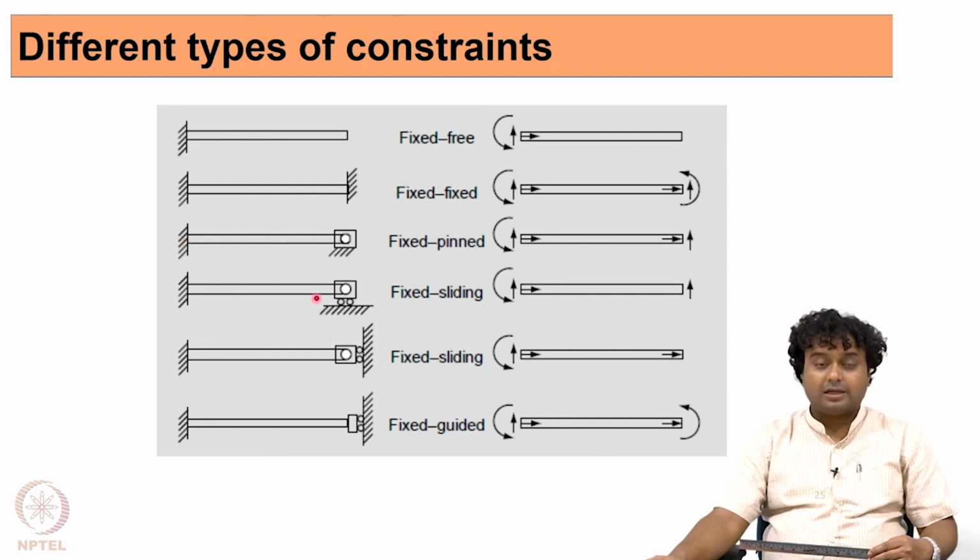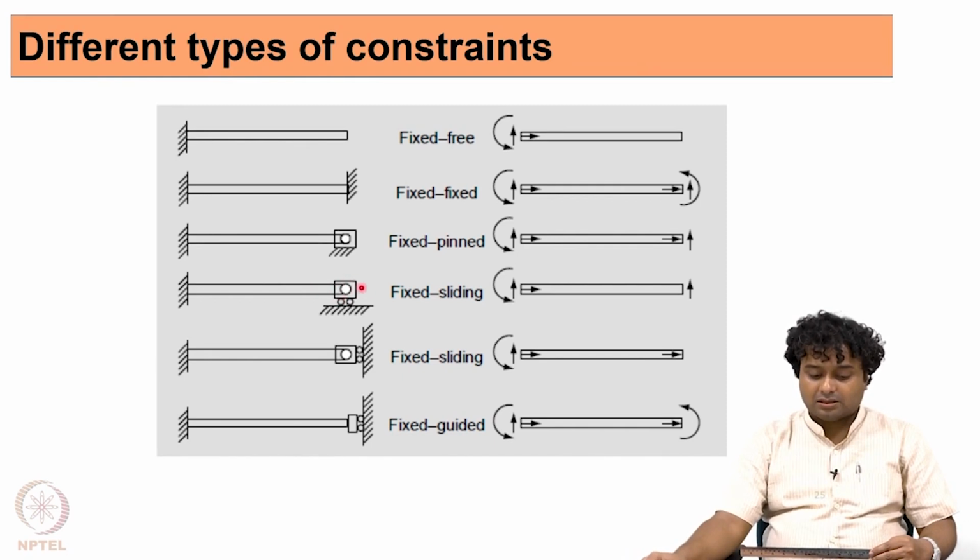Now the next case is fixed sliding. What does it mean? It means it can rotate at this point, and it can also move in the x direction. If it can move in the x direction, then the motion in the x direction is not restricted, so the reaction force will not be there. Also, it can rotate about this pin point, so the moment also will not be there.